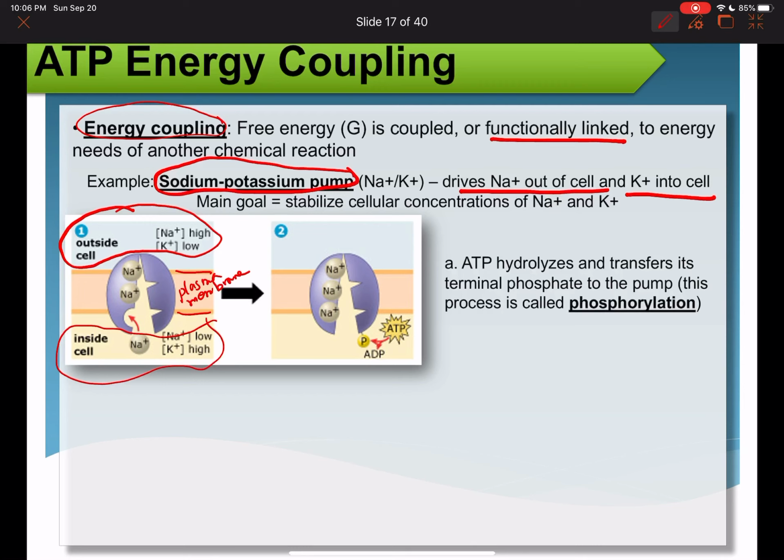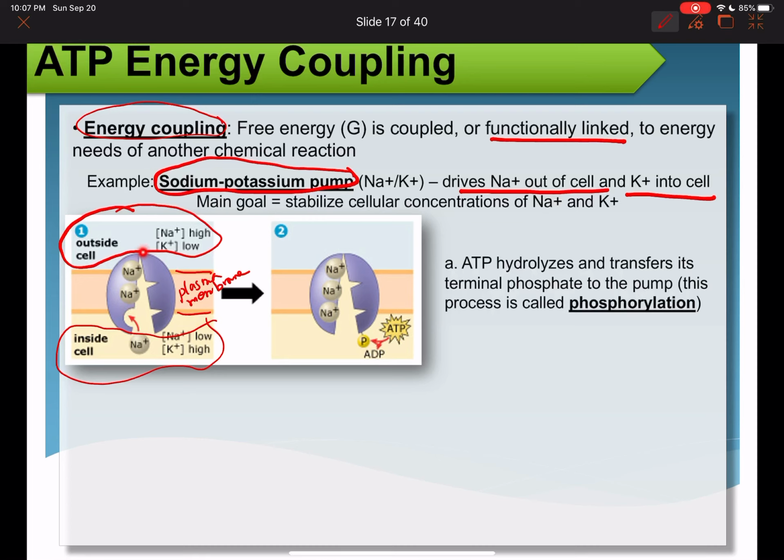So this particular protein is very special, where it is divided into two sides, one side here and one side here. These two sides are structurally very different from each other, with different pockets for different ions. This side of the protein has specific pockets for sodium ions, and that's why it's in this circular shape, to fit those circular sodium ions.